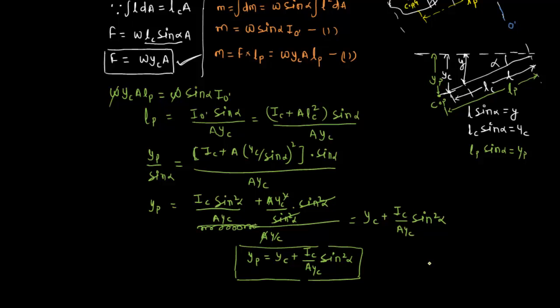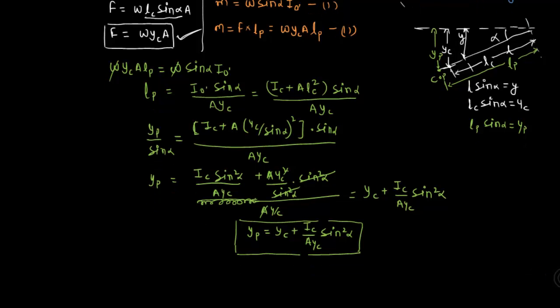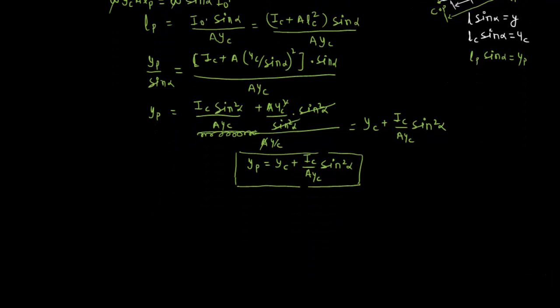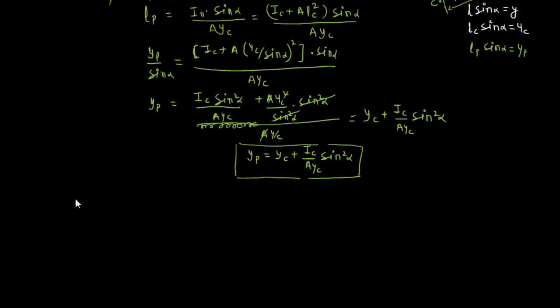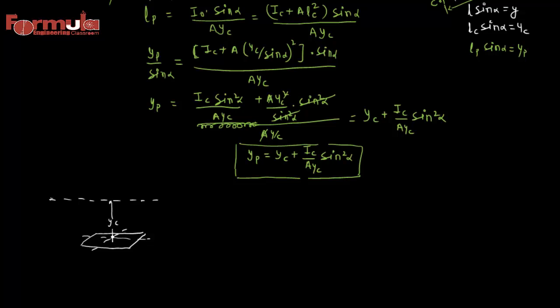Okay, so let's finally conclude all three cases. So first we defined a horizontal plane surface submerged in static fluid, and in that case I am defining this is yc.